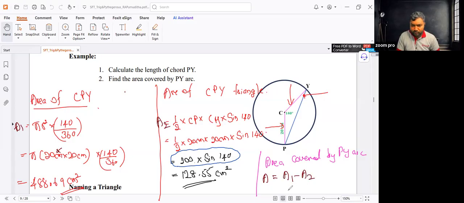Here, 488.69 centimeter squared minus 128.55 centimeter squared. The answer is 360.14 centimeter squared.